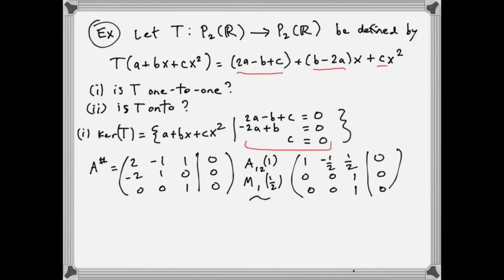Something bad is about to happen, right? We're going to add negative 1 times row 2 to row 3, and we actually eliminate the third row altogether. What does this mean?